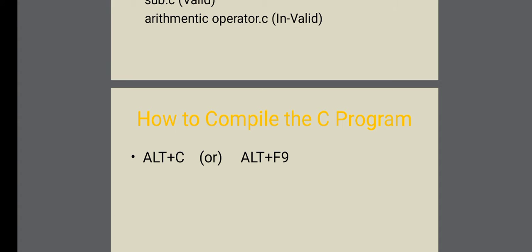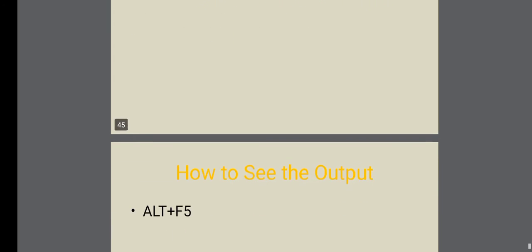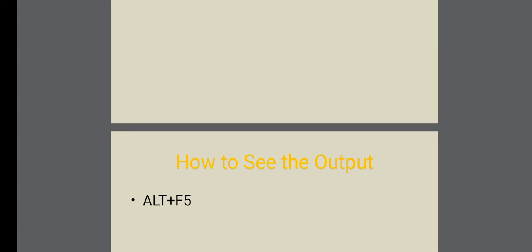After saving, we compile the program by pressing Alt plus C or Alt plus F9. After compilation, we run the C program by pressing Alt plus R or Control plus F9. After running, we see the output with Alt plus F5.